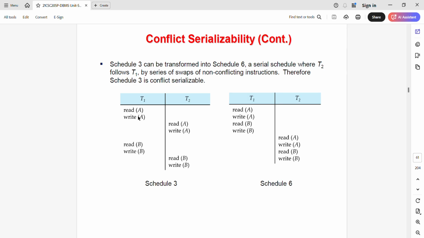T1 read A, write A, T2 again read A, write A, T1 read B, write B, T2 again read B, write B. So we are changing the schedule: read A, write A, read B, write B. This will be considered as transaction 1, and read A, write A, read B, write B is T2. So this is conflict serializable, even though we are doing the swapping.